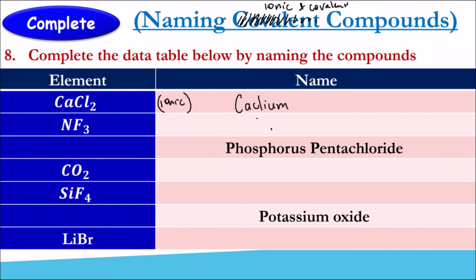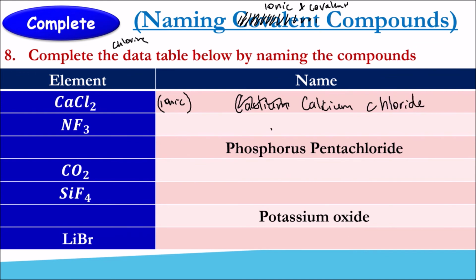And we have Cl. Now Cl is chlorine. But we need to get rid of the last few letters and add IDE. So it's going to be called calcium chloride.